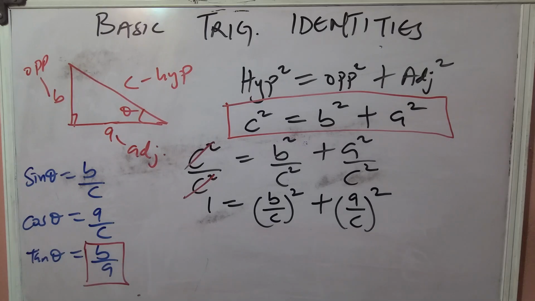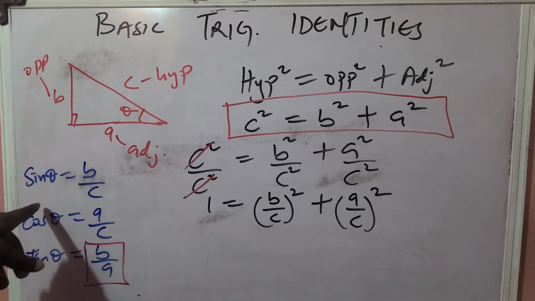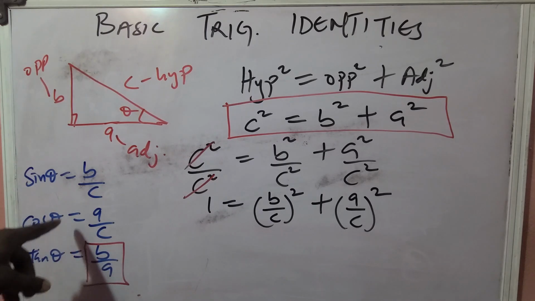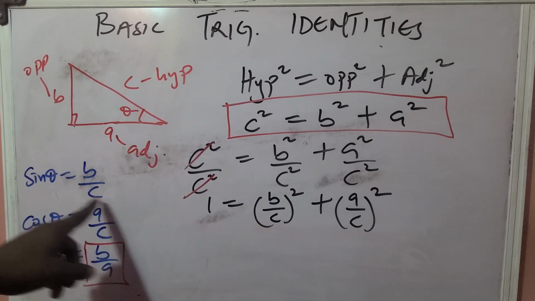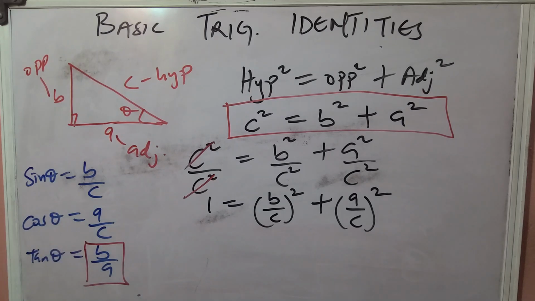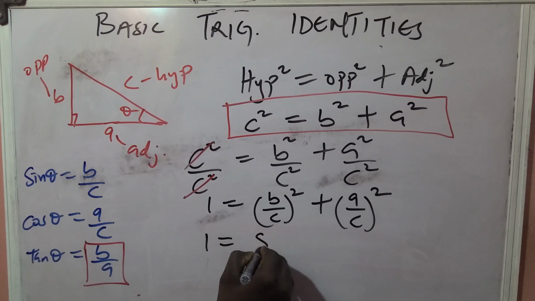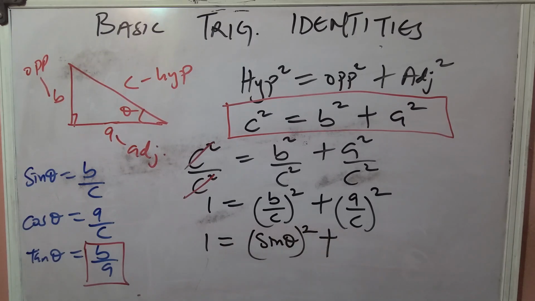Now, looking at what we have derived here from our SOHCAHTOA, you can see that b over c, which we have here, represents sine theta. So obviously we can rewrite this as 1 equals sine theta all square plus a over c, which represents cos theta. So we have cos theta all square.